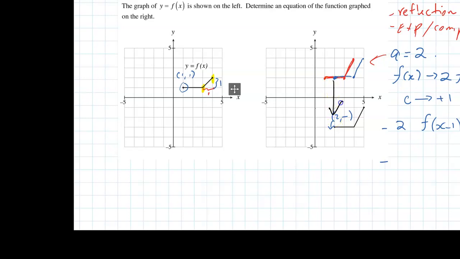It has dropped 5 values for y, or minus 5. So in this case, you'll have 2 times f of x minus 1 minus 5. And that would be the official equation, the function for the new transformed graph.